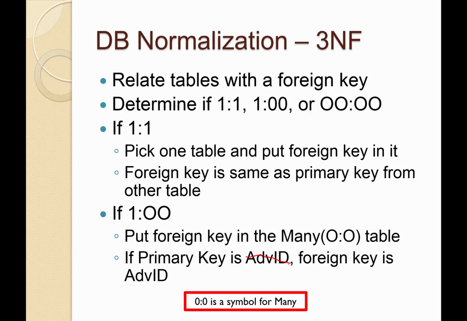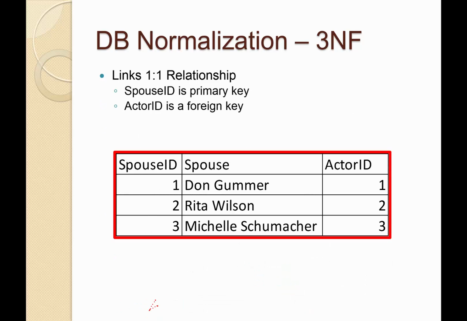And this should be actor ID, and this should also be actor ID here. Okay, making a mess now. Alright, so both of those are going to be actor IDs.